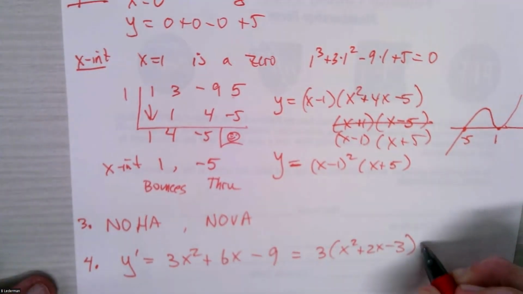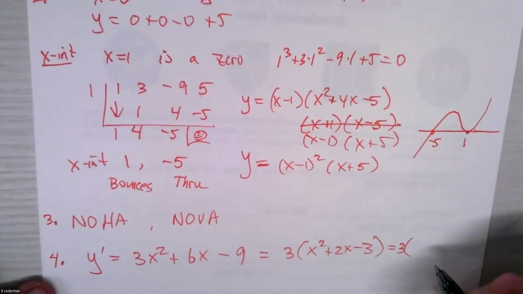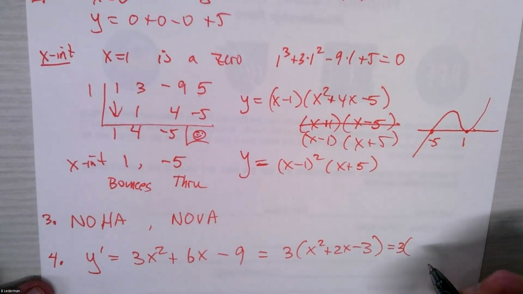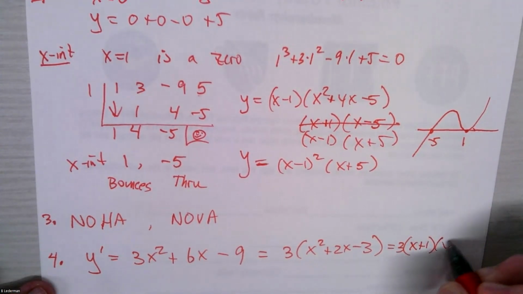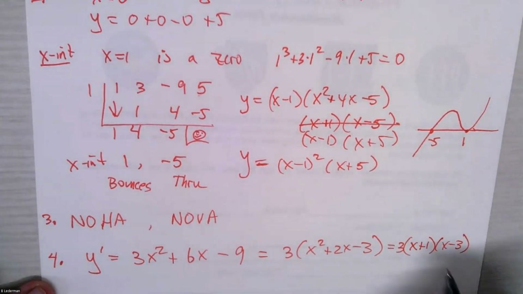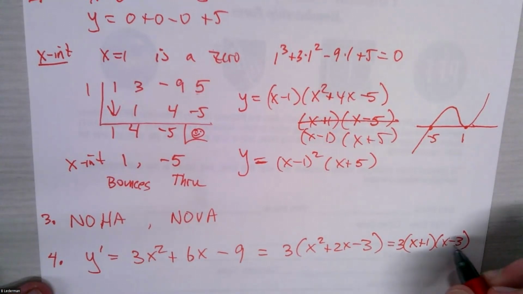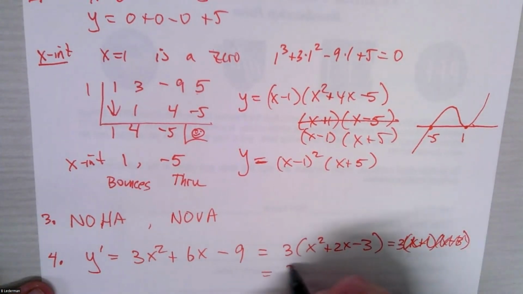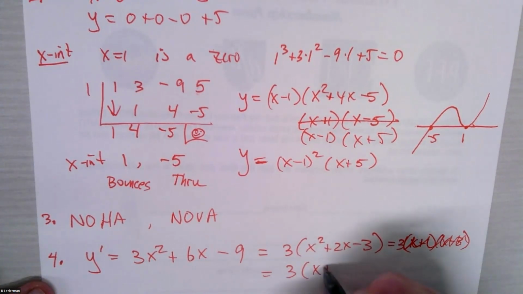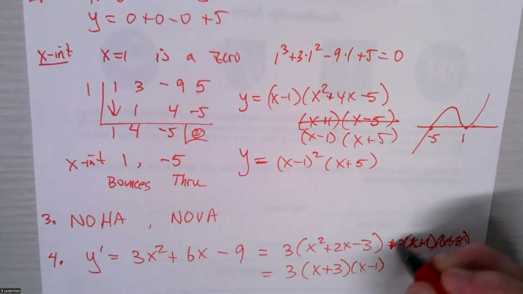And now this easily factors into 3 times x minus 3 times x plus 1. Sorry, x plus 3 times x minus 1.